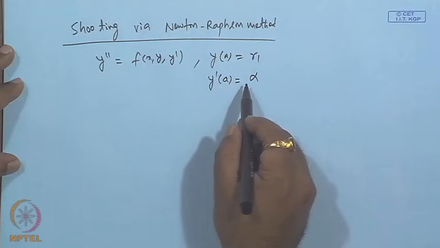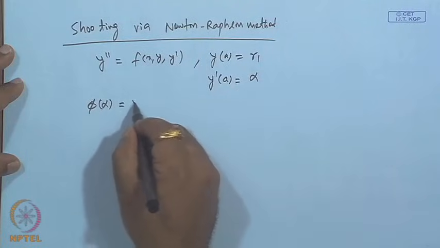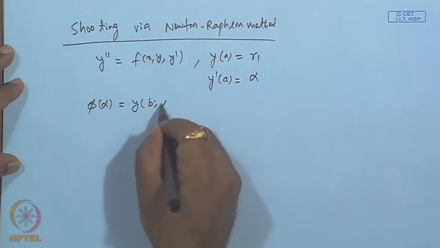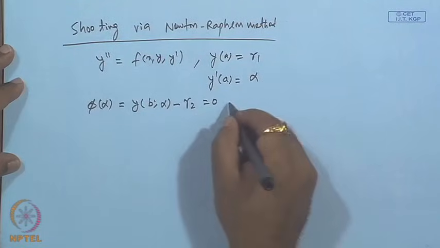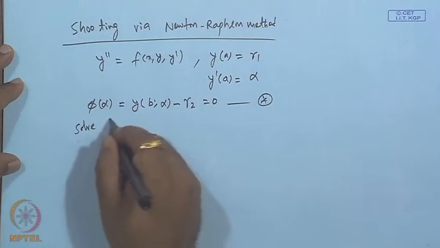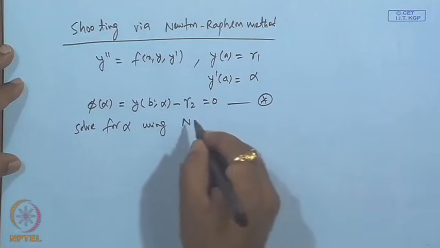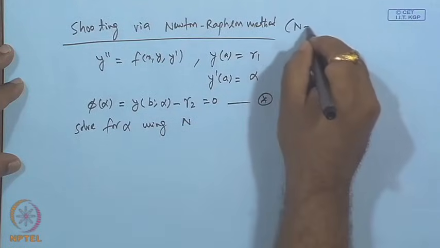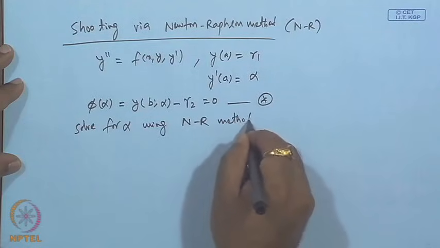Now, what is our phi of alpha? So, now the idea is to solve for alpha using the NR method.